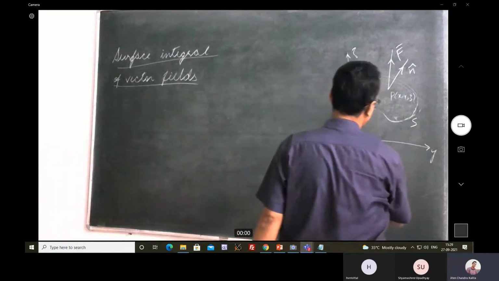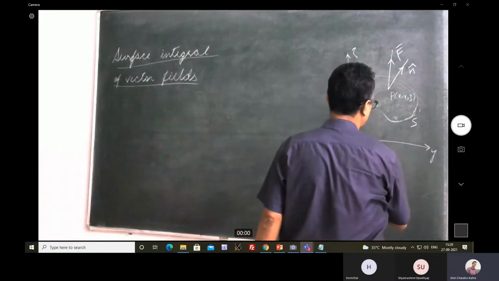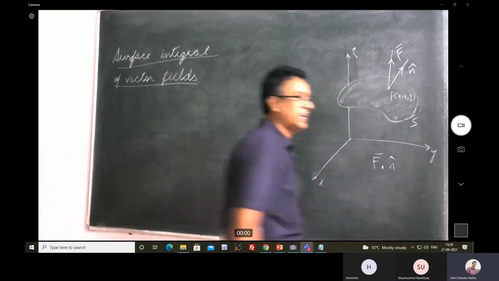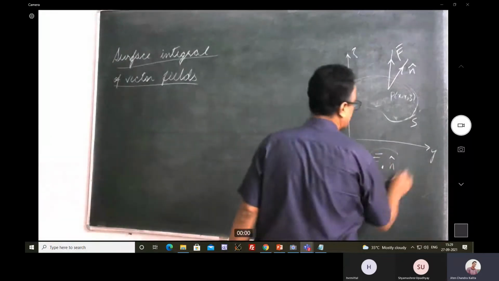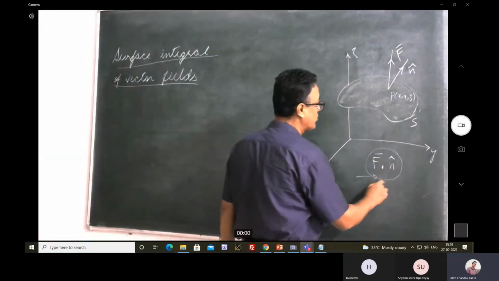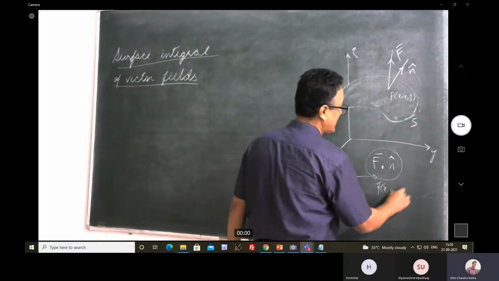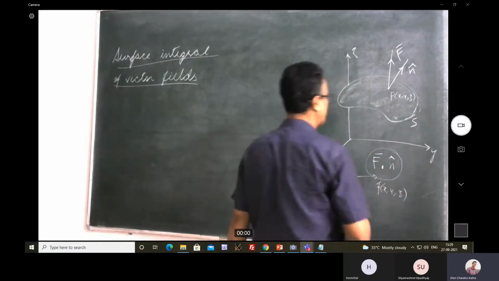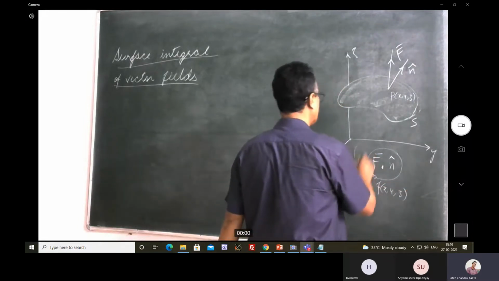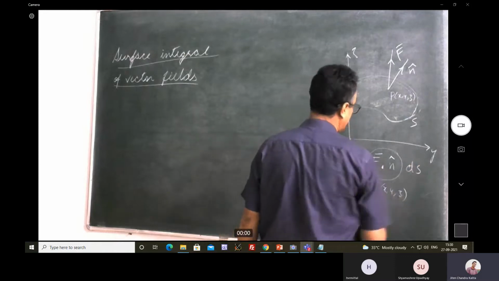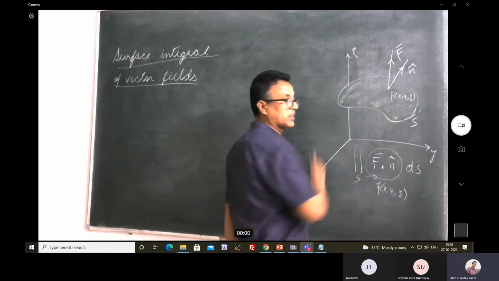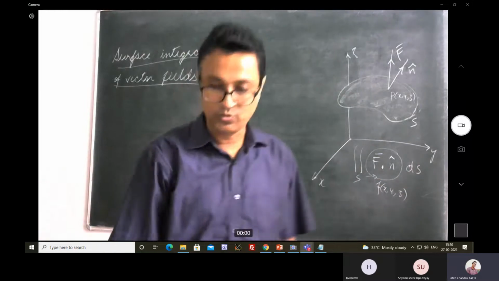Then you know that F dot n cap is going to be a scalar, in the form of f of x, y, z. Now I'm simply going to find the integral of this function. That's what we are going to do.